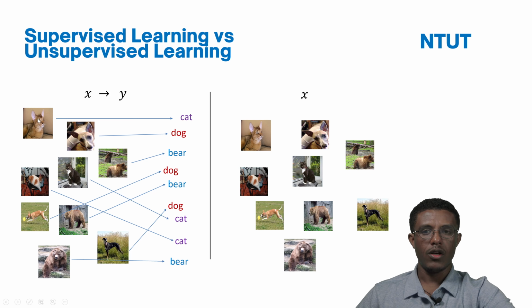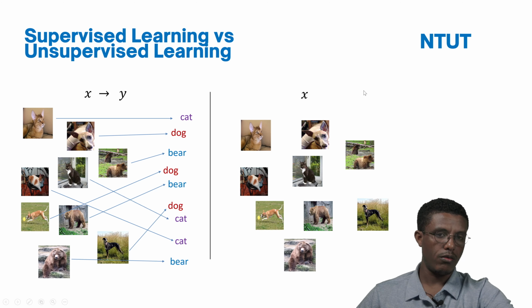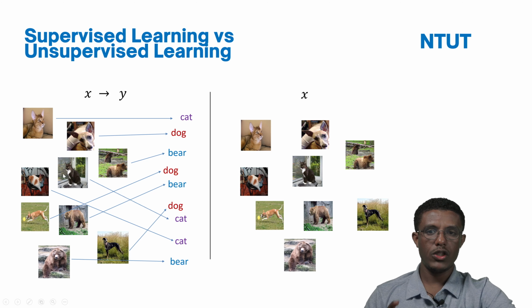That means if we have this image, we should also have the name of each animal. So for each image we give the name, called X and Y. But in unsupervised learning, we know only the image, with no need to define the Y value or the name of each one.